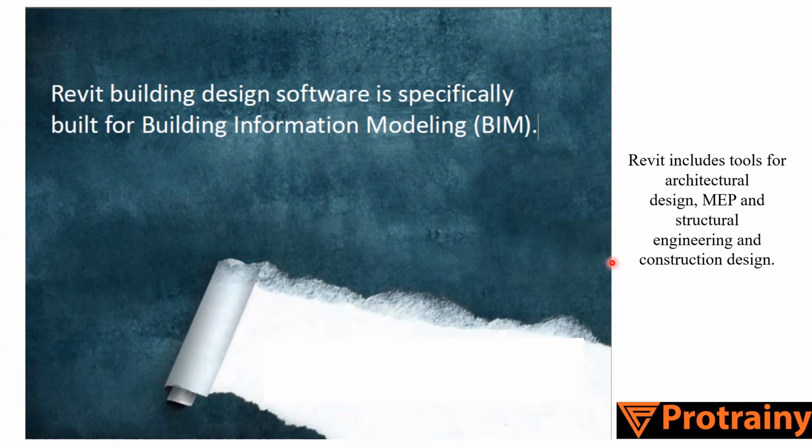But in Revit, everything you do is in one single file and one single project, so it's easy for you to maintain all project files, work collaboratively, and save time. Revit is specially built for building information modeling, which we will look at in a larger picture after a few slides.